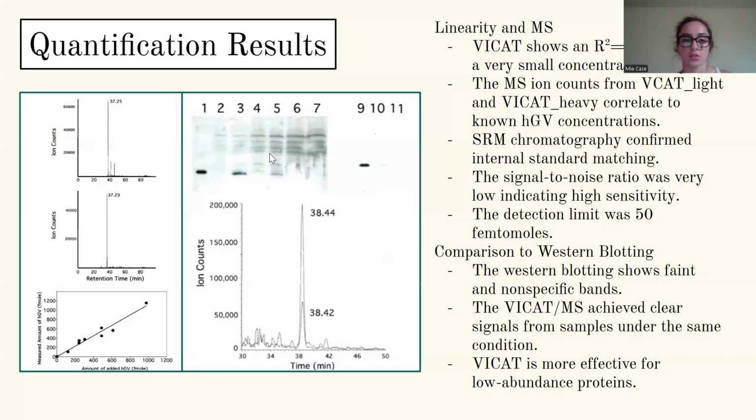In contrast, we have the VICAT, which provided strong quantifiable mass spec signals for these same samples, which is really strong compared to really weak and lots of background noise. This comparison highlighted VICAT's performance with detecting low abundance proteins in cases where antibody based approaches clearly fail.